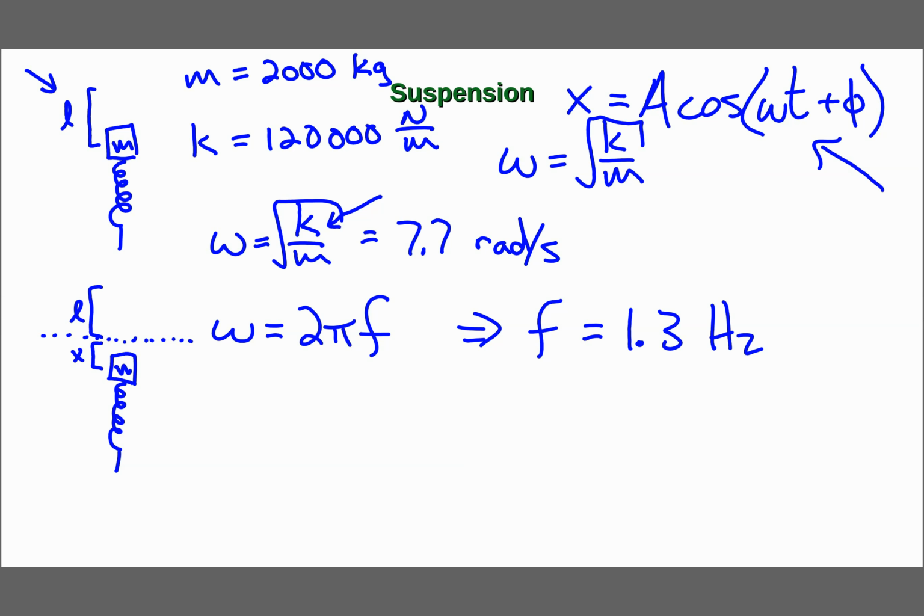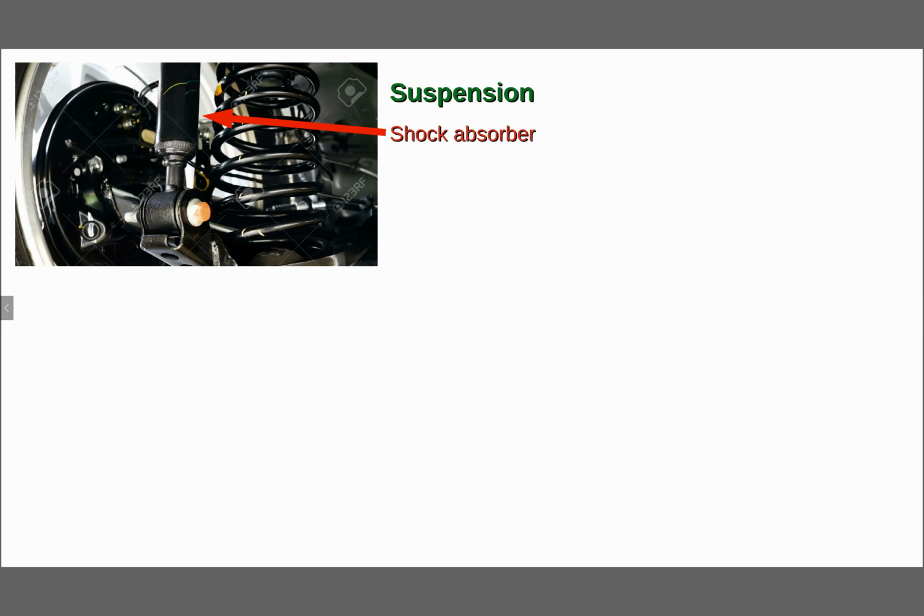So what we want to do is damp this motion so that the car doesn't bob up and down for a long time after every bump. So what car manufacturers do is add shock absorbers, okay? You can see the spring right here, right? That spring is the spring that we were just talking about.